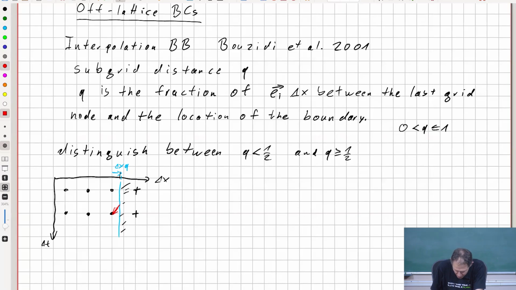So when it has a bounce back on this location, that would mean that it would come from here. And this distance that we have here should be, even though I've not drawn it beautifully, 2q delta x, right? And this node here is at x_n.